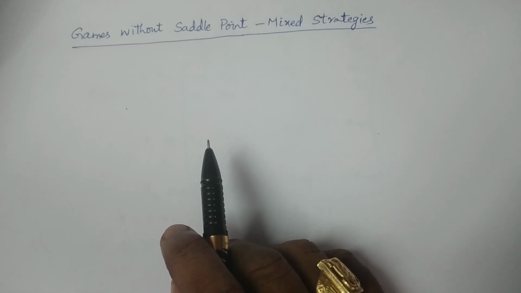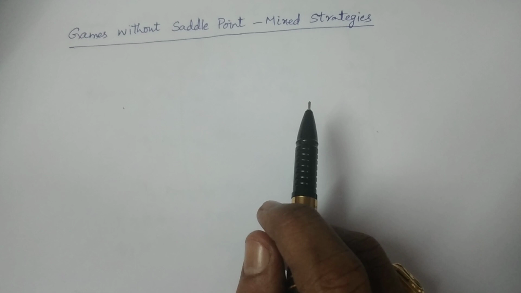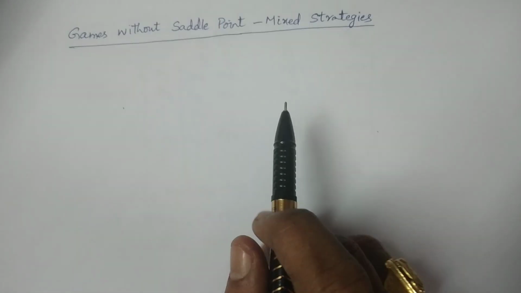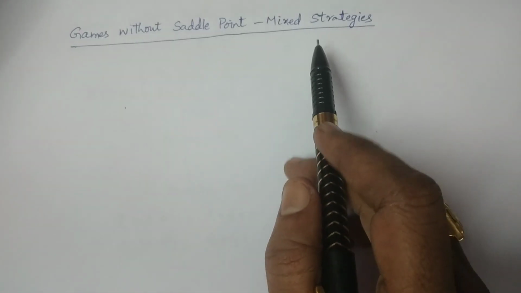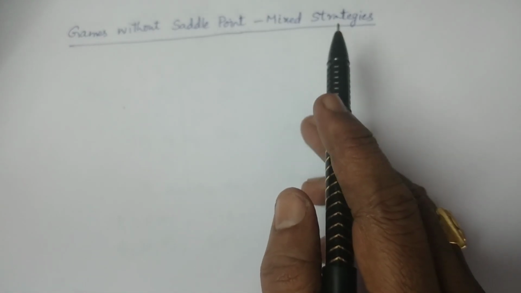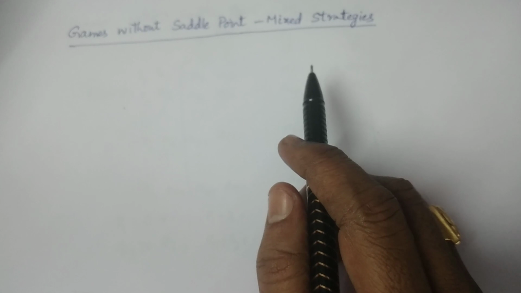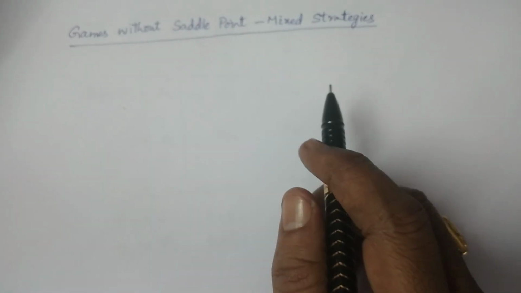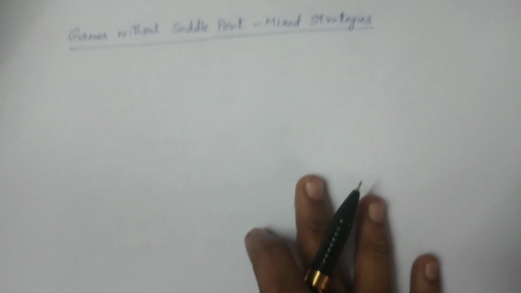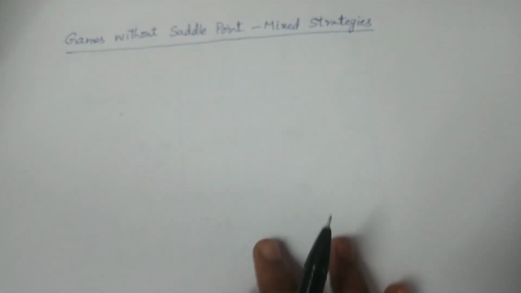This theory is explained by using mixed strategies, that is, a mixture of pure strategies with the help of certain probabilities, certain chances. That is the discussion of games without saddle point, mixed strategies, right?